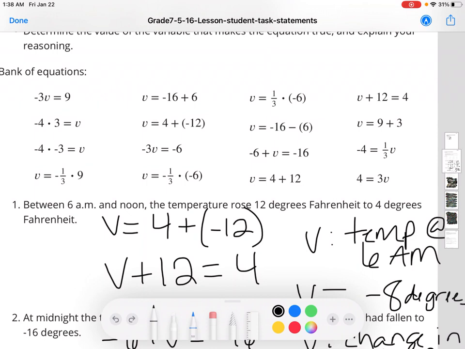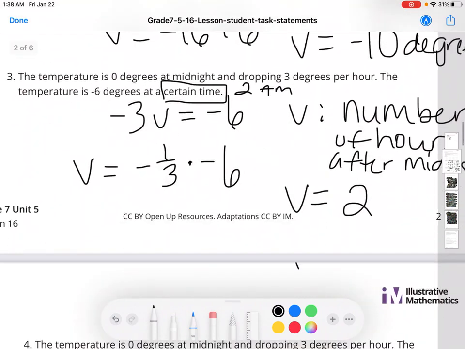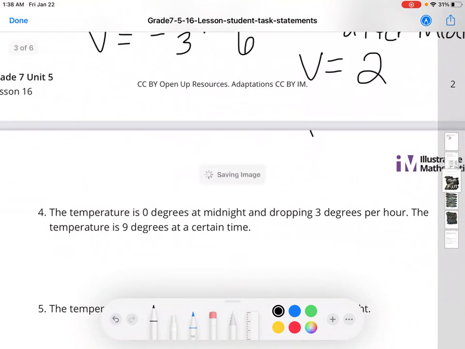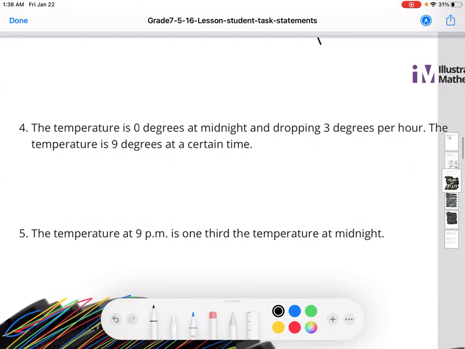So what two equations would fit this situation? Okay, so our equations would be negative 3 times V equals 9, or V equals negative 1/3 times 9.